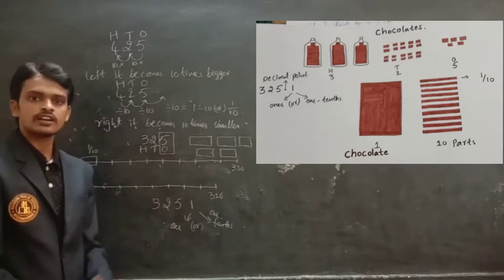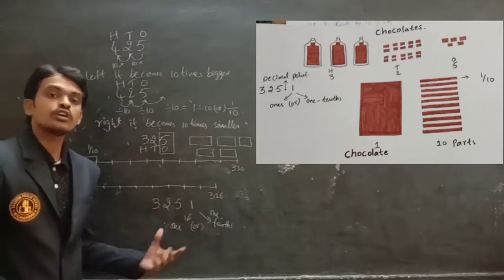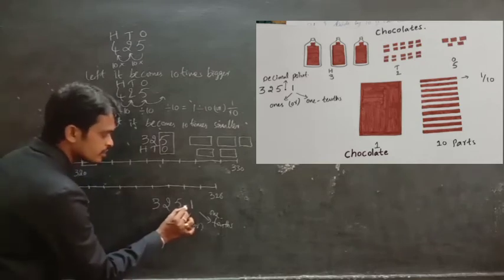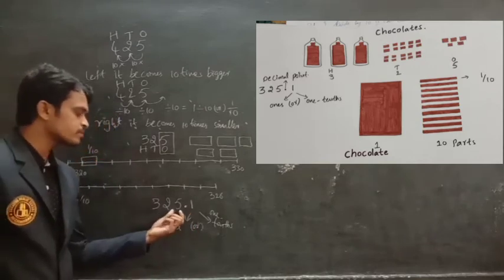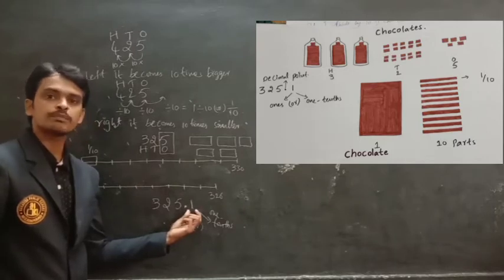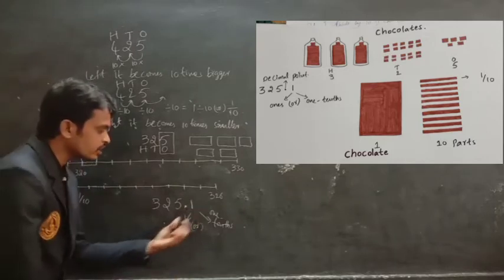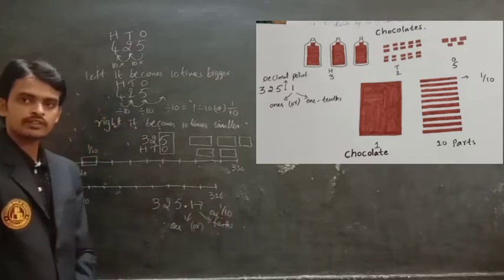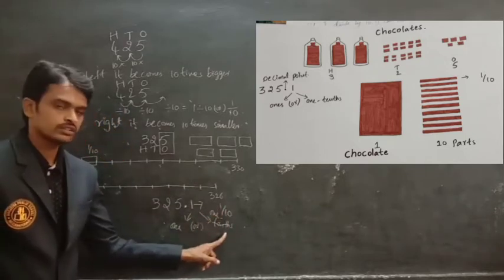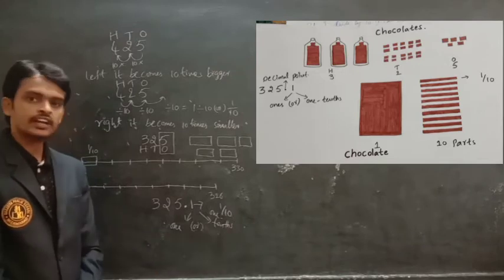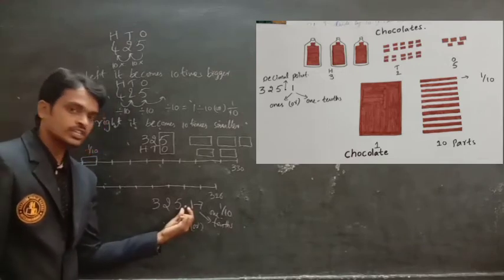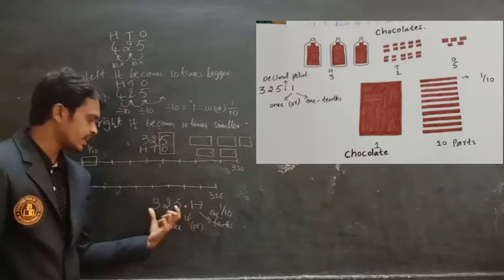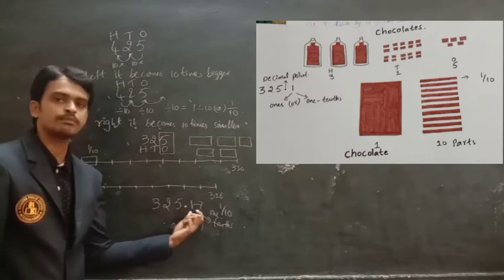Here we will get confused. To resolve this confusion, I put a dot between the one's place and the 10th place. So this 10th place I represented by 1 by 10. By using the dot, I separated this number into the integral part and the decimal part.